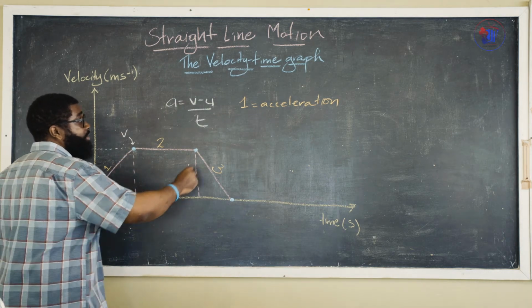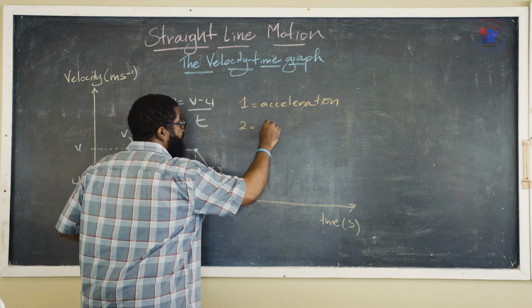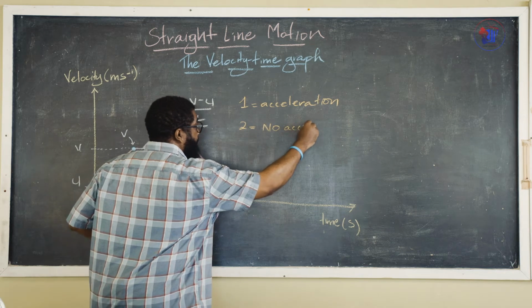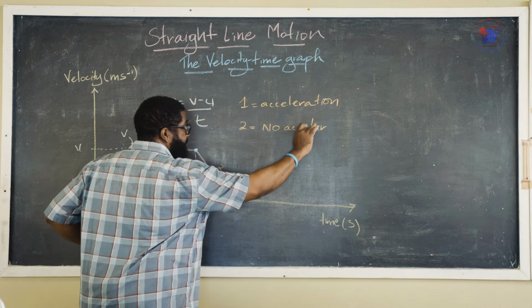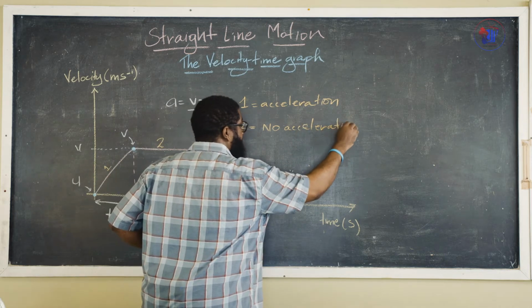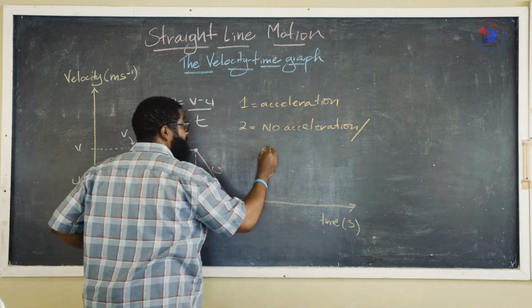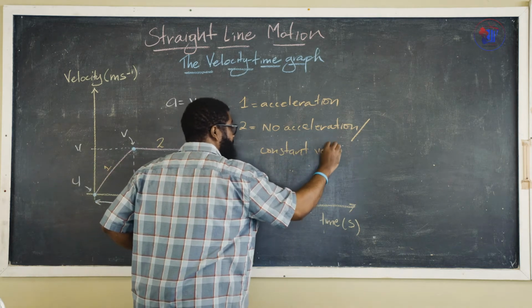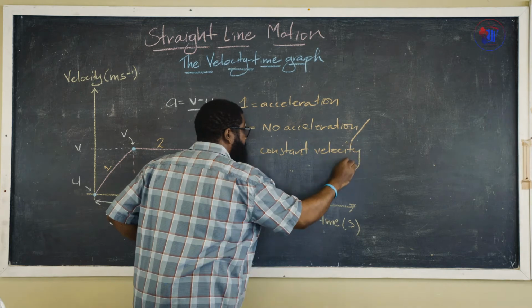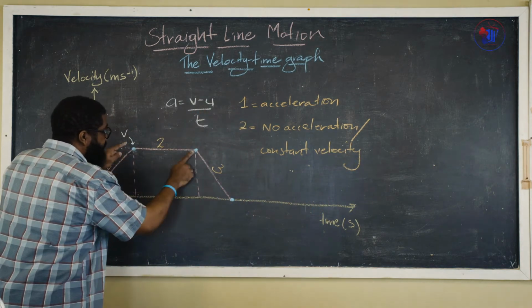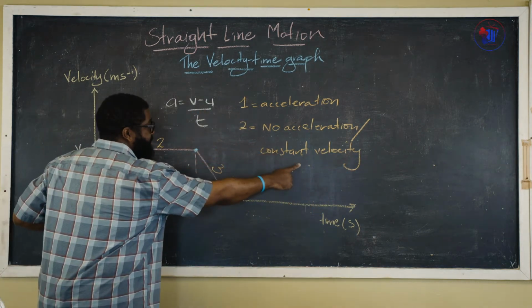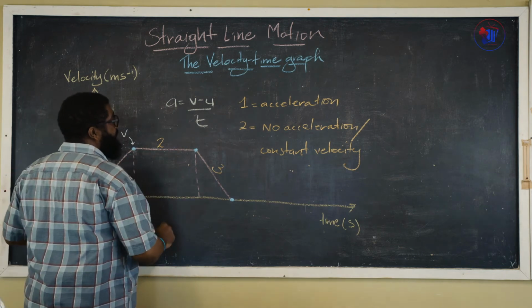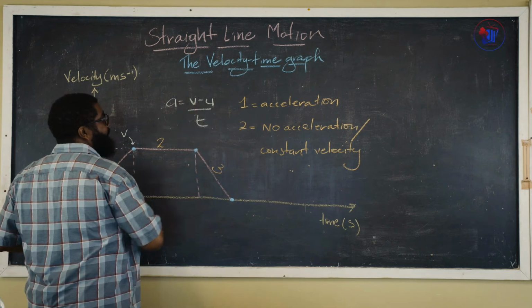In other words, phase 2 is no acceleration. Or it's called constant velocity. Why? There's no change in velocity, so velocity is constant. And there's no change in velocity, so there is no acceleration.